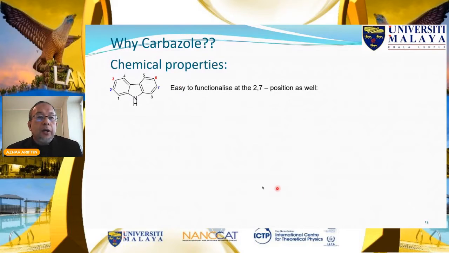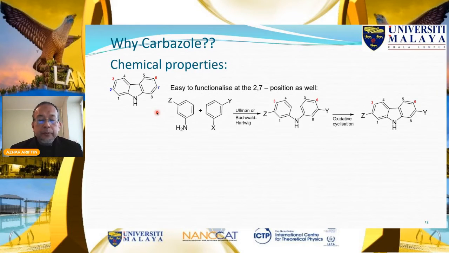Substitution at position 2 and 7 you can also do, but it is slightly more difficult than position 3 and 6 because you have to do it indirectly. For example, you start from a meta-substituted aniline and react it with a meta-substituted halobenzene using Ullmann coupling or Buchwald-Hartwig reaction.